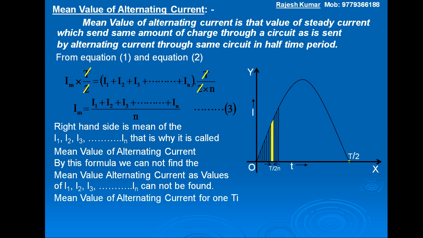Mean value of alternating current for one time period is always 0, as charge sent by alternating current in first positive half is equal to charge sent in second half in the opposite direction. So there is no net flow of charge by alternating current in one time period. That's why mean value of alternating current for one time period is always 0.